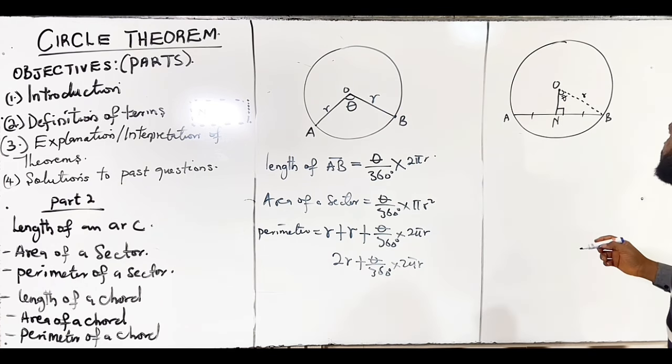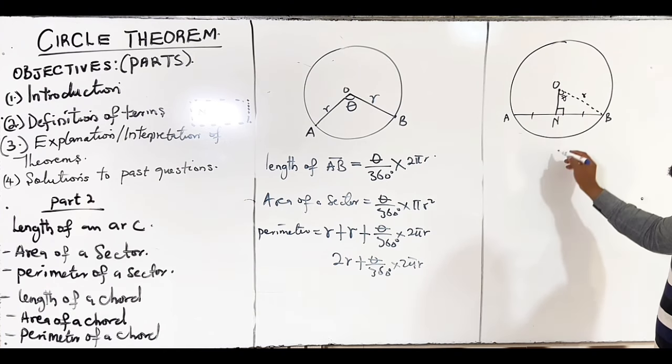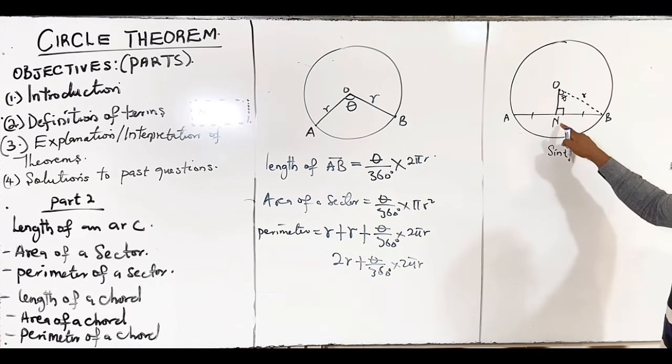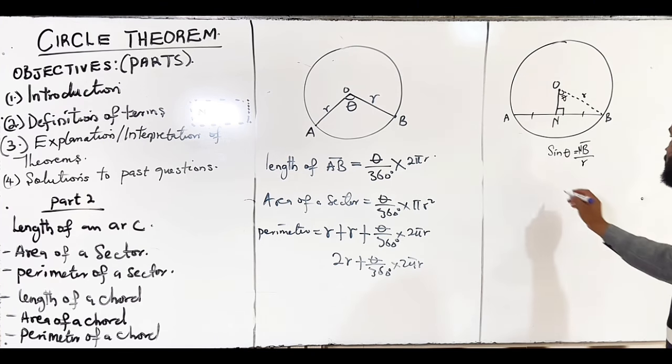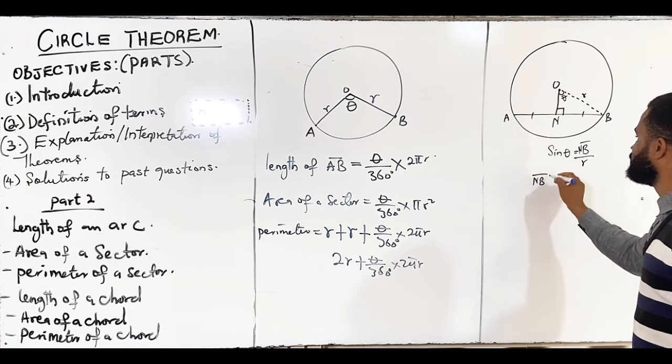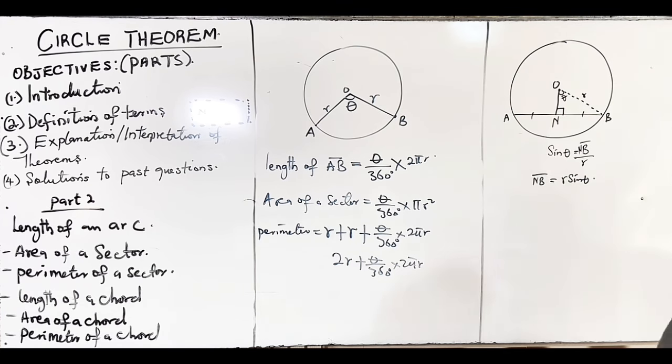All right, so let's go here. In this case, I'm going to say sine of that theta is equal to opposite, which is NB, over hypotenuse, which is R. Therefore, NB is equal to R sine theta.